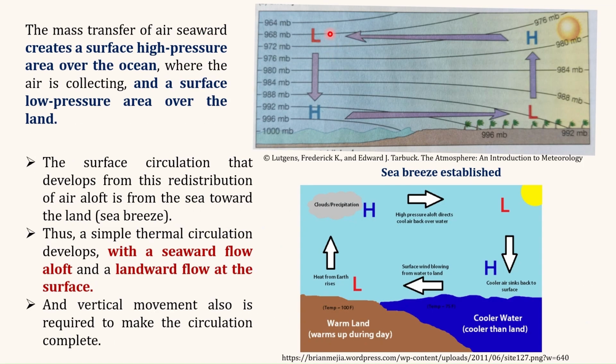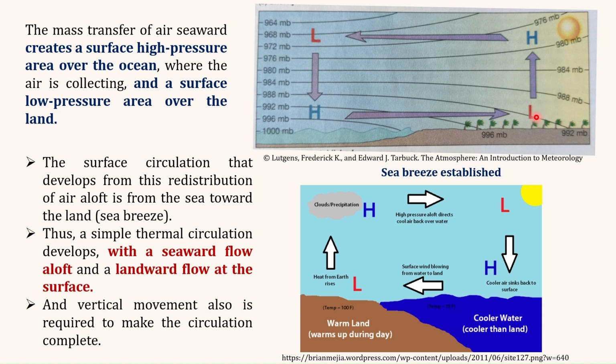First, as the air piles up in this region, the air density increases and it creates a surface high pressure over the ocean. Second, as the air flows away from this altitude over the land, the air density there decreases, so it creates a surface low pressure area over the land.